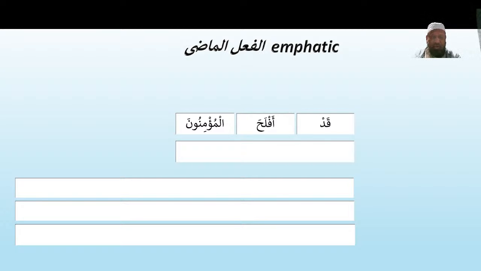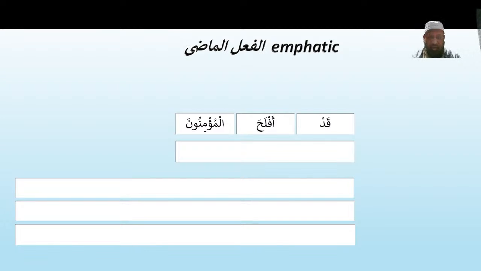المؤمنون. This is a Jama Mudhakkar Salim. It is in Rafa case because the waw is showing us it's Rafa case, so it must be the fa'il. But there's no need to go back and get the fa'il, ضمير المستتر. We have the fa'il. قد أفلح المؤمنون.